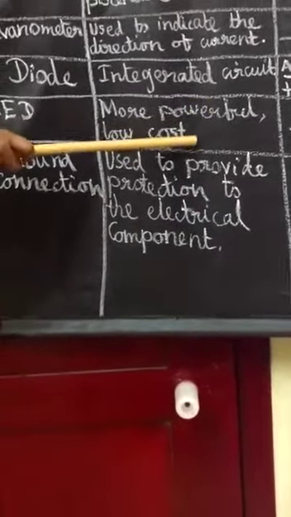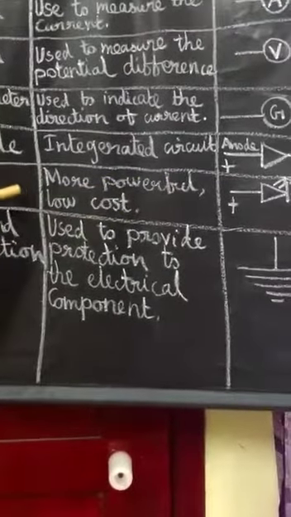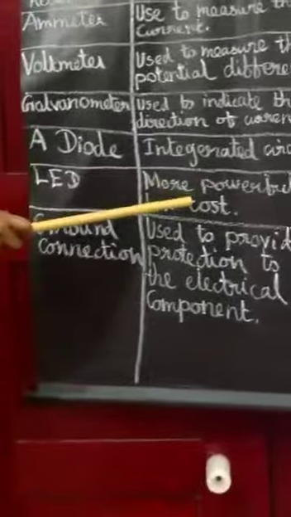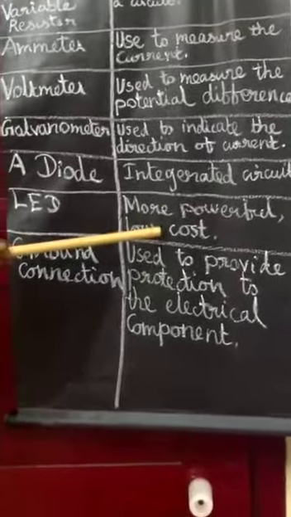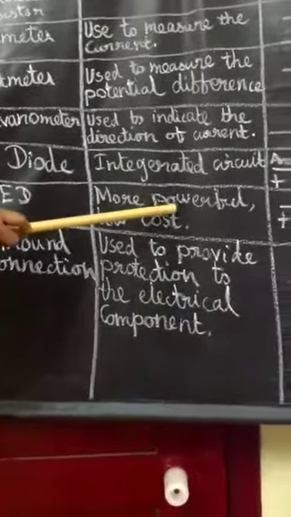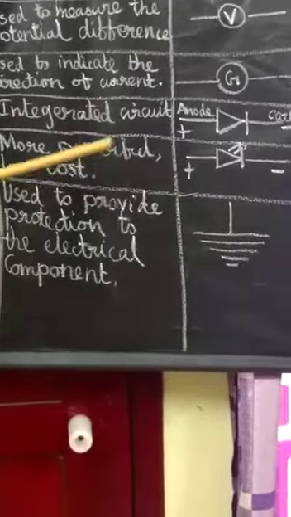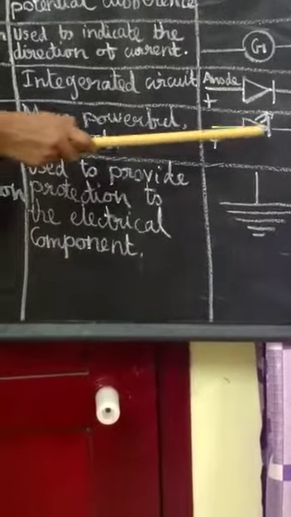Other bulbs use a larger amount of current, but LED is used in house and home electrical circuits. It provides greater power using a low amount of current. This is the symbol of LED. This side is the anode, this minus side is the cathode.